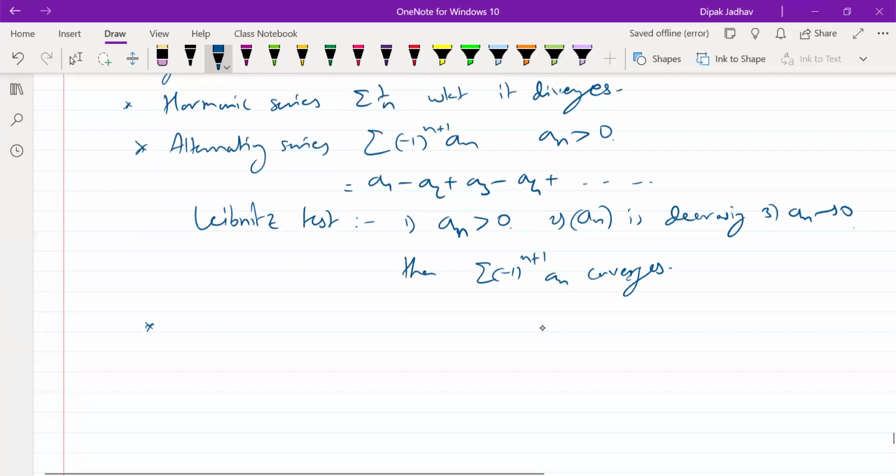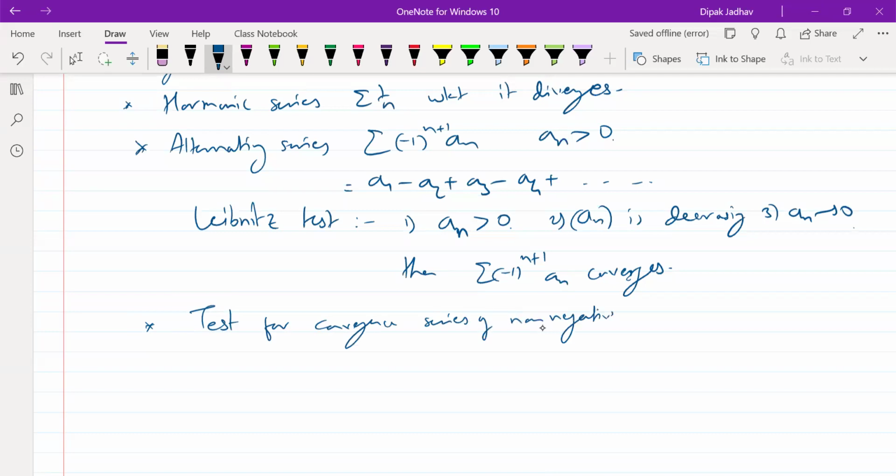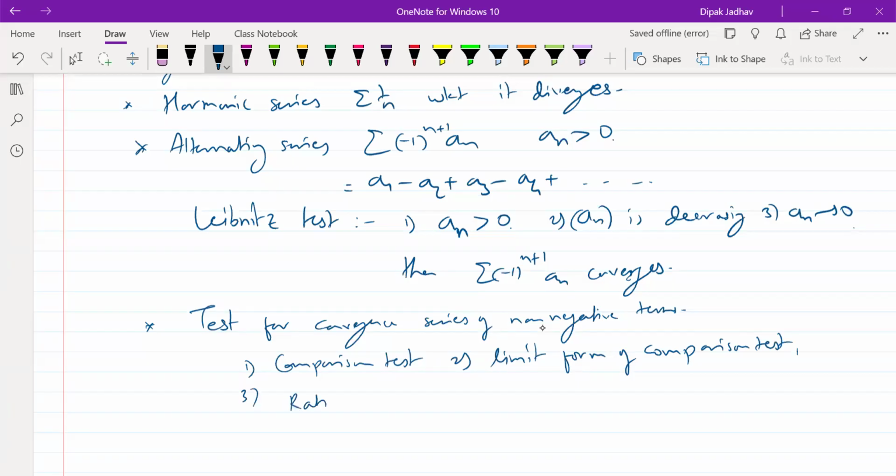And then we have studied several tests for convergence of series of non-negative terms. The first is the comparison test. Second, the limit form of the comparison test. Third, the ratio test. Fourth, the root test.